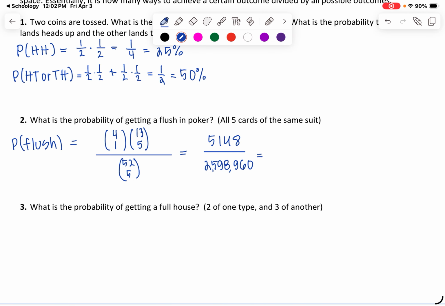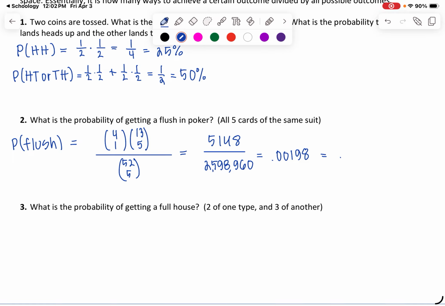Now we can put that in our calculator: 5148 divided by 2,598,960. I get a decimal of 0.00198. If I said that's the probability, it doesn't resonate well with people, so let's turn it into a percentage by moving the decimal over 2 places.